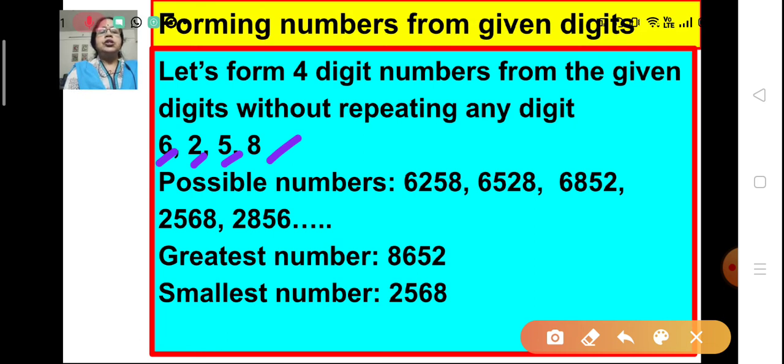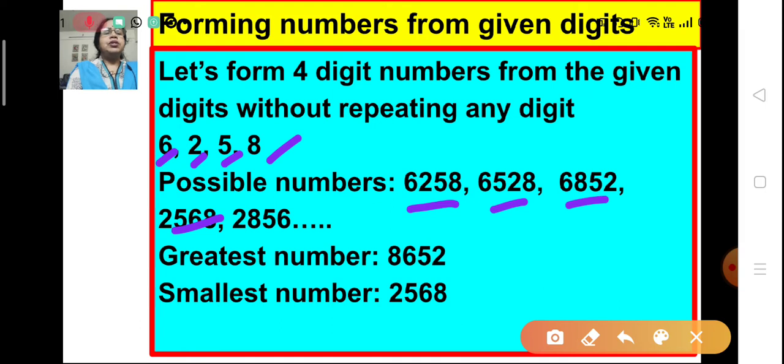We can just change the place of the digits and we get different numbers, like we get 6258, then 6528, and we can get 6852, 2568.